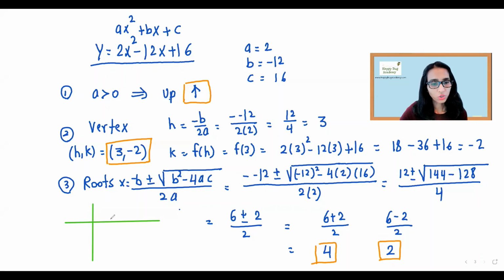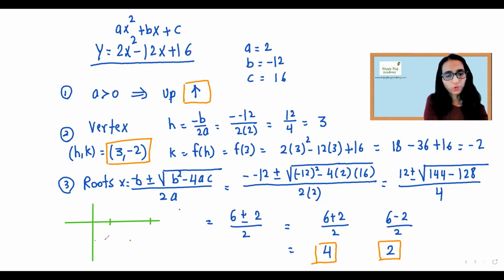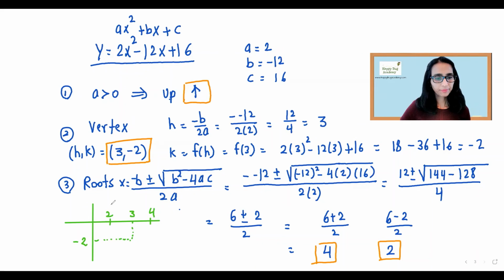So here is 2 on the x-axis, and here is 4, and here is 3 and negative 2 on the y-axis. If you join these 3 dots with a smooth curve, this is what this quadratic equation looks like.